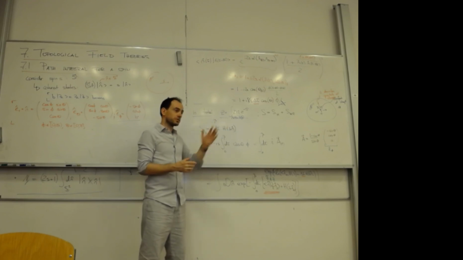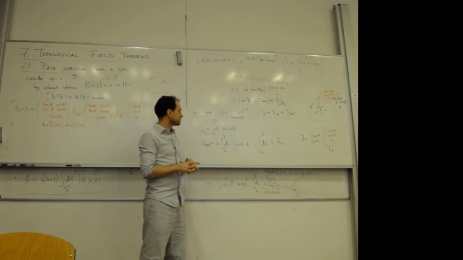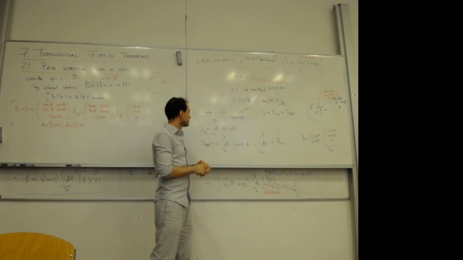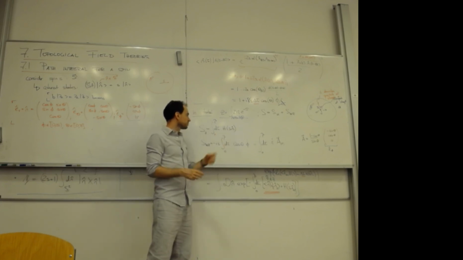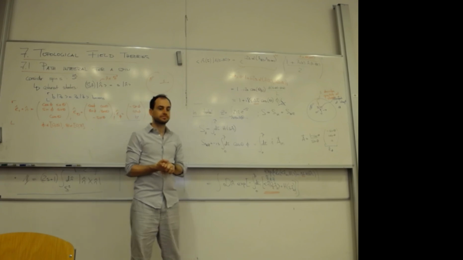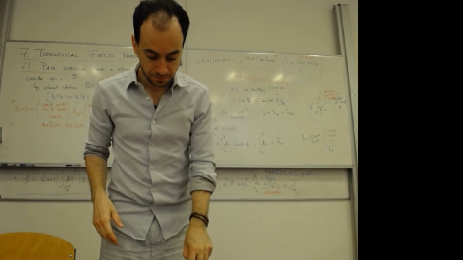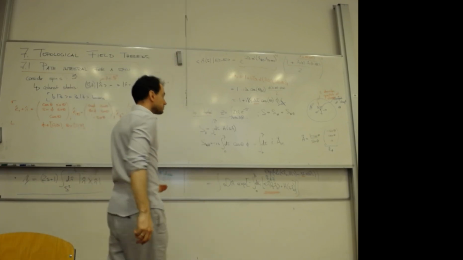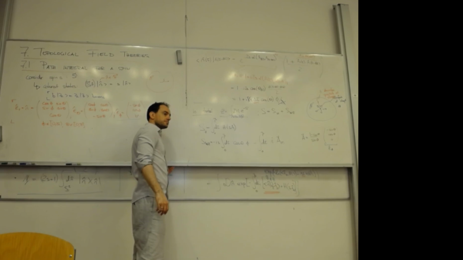Okay, this is the sigma model. Because there is a nonlinear constraint, the nonlinear sigma model, there is a nonlinear constraint on this n, and this n is a unit vector, so n squared is 1.